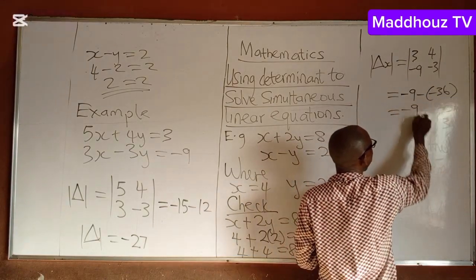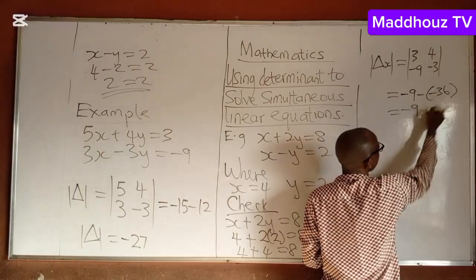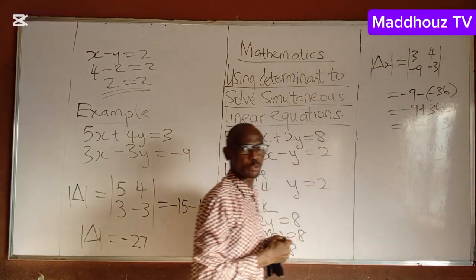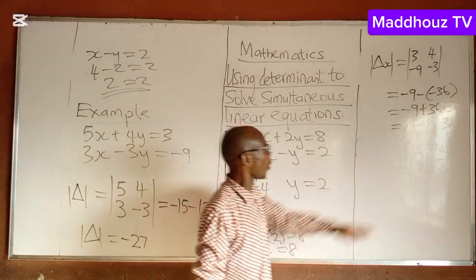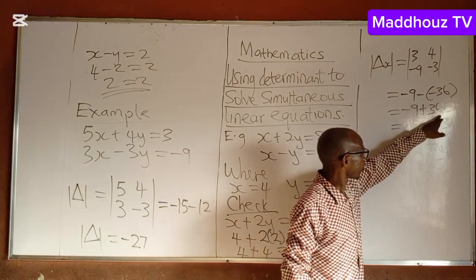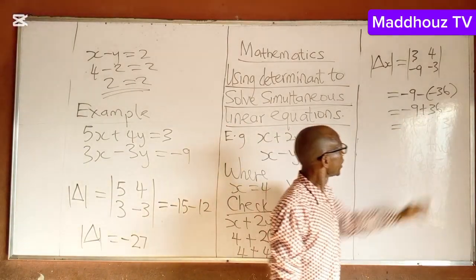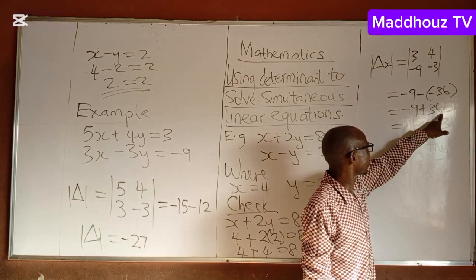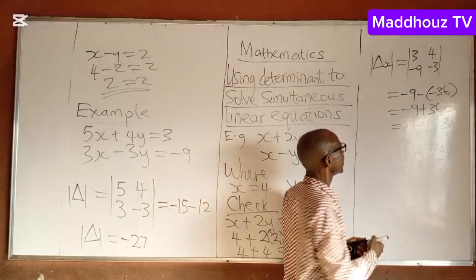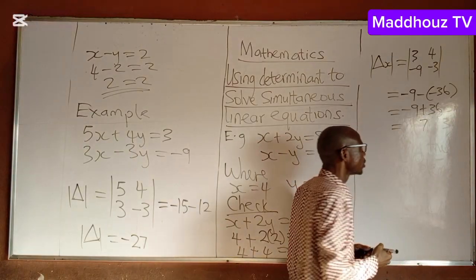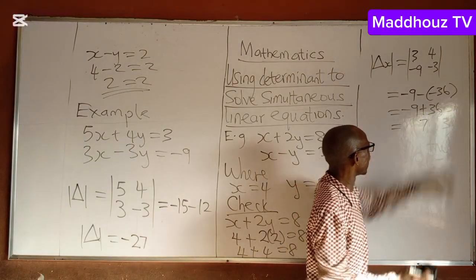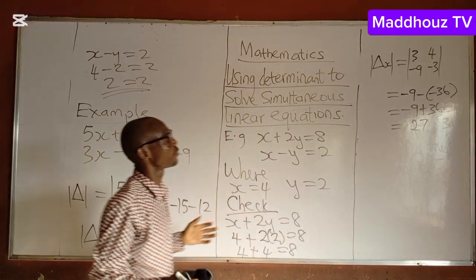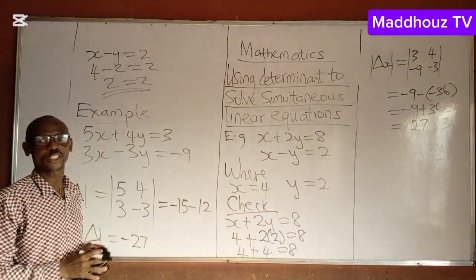So this is minus 9, minus times minus 36 becomes plus 36. So minus 9 plus 36 will give us 27.